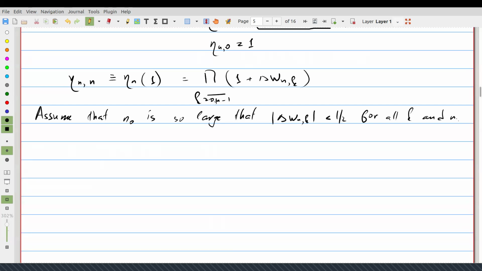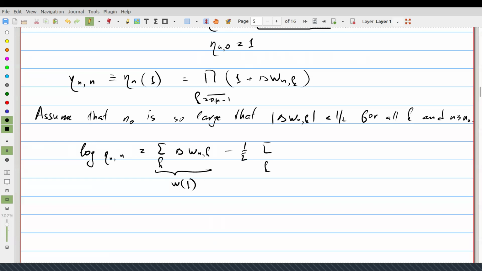This is obviously achievable because the trajectory of the Wiener process is continuous and uniformly continuous on compact sets, for all n greater than n0. Now we can use the expansion of logarithm of 1 plus x to conclude that the logarithm of η n is the sum of delta W nk, which is just W1, minus 1/2 squares.